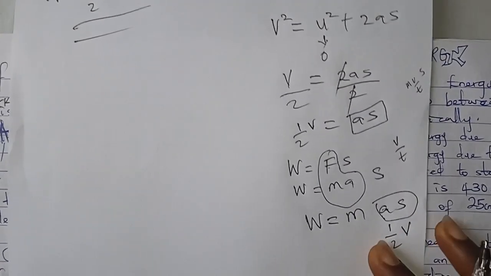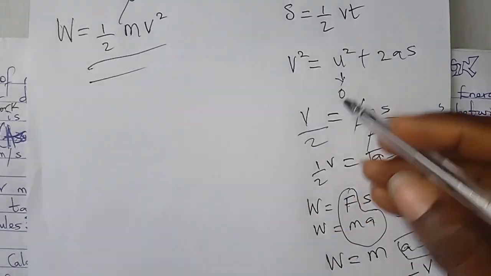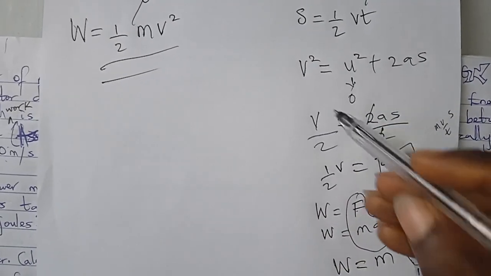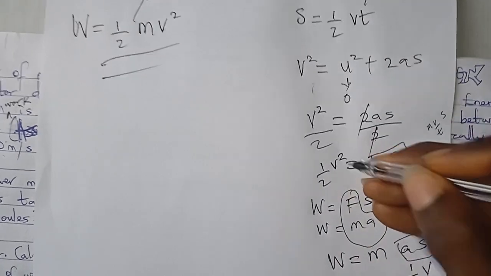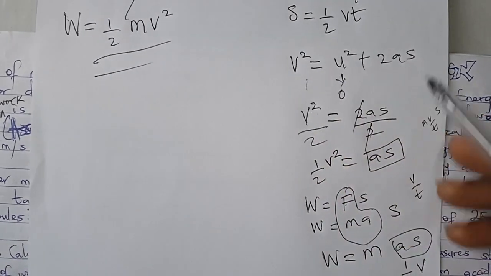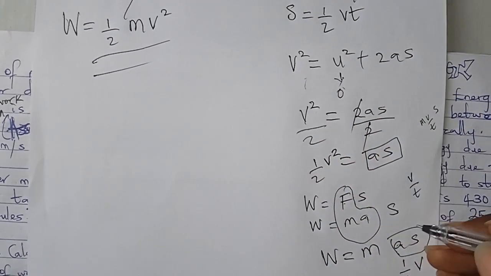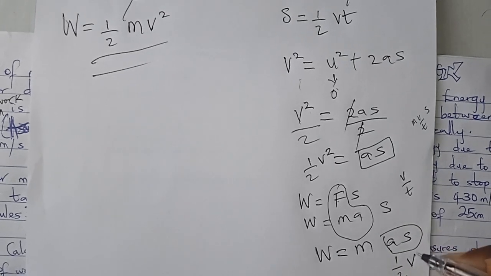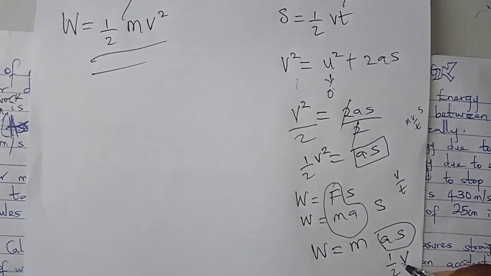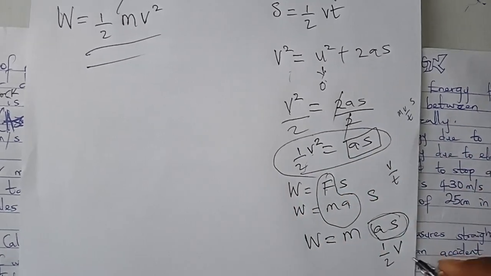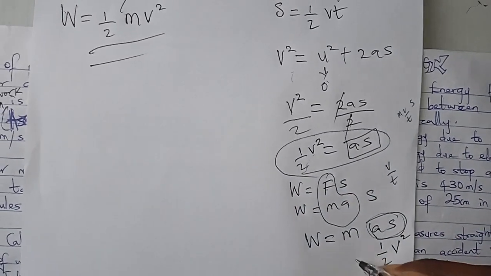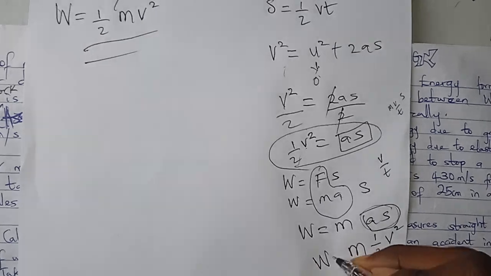Okay, so notice something. This is over 2. Remember that our V is carrying square. Yes, remember. So we almost missed that. So replace, I think it's best this way. We say replace all of AS with what is equal to here, which is half V square. So bring down the M.